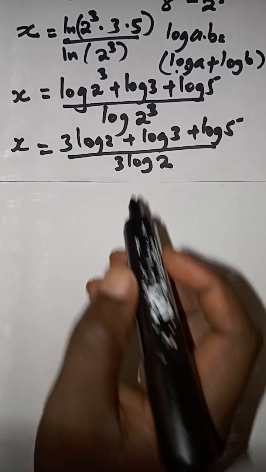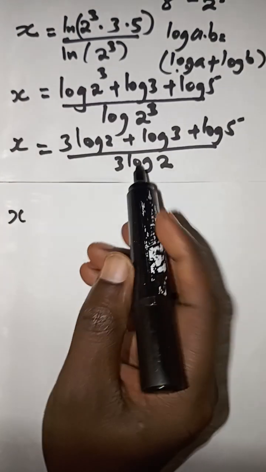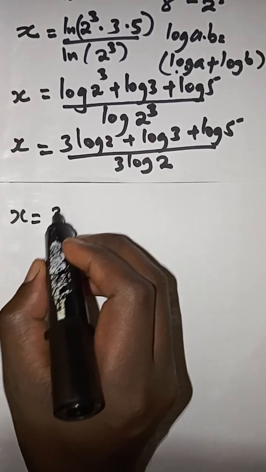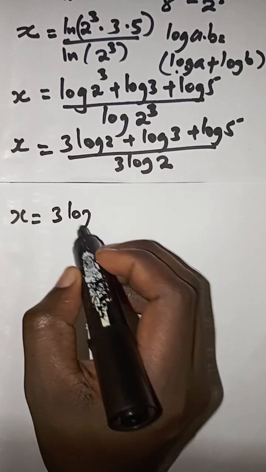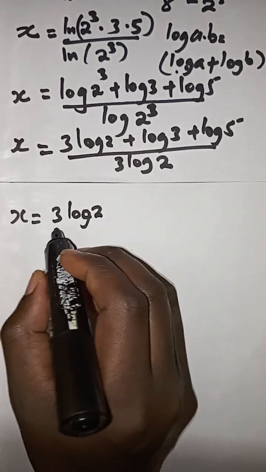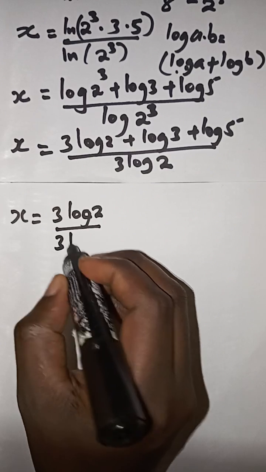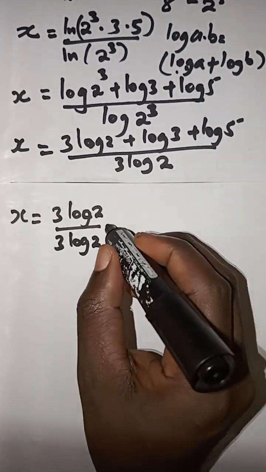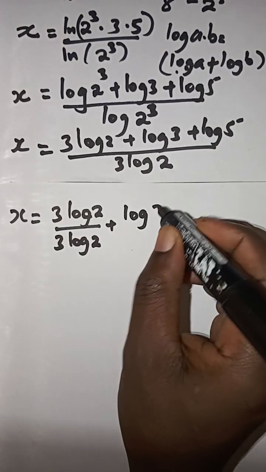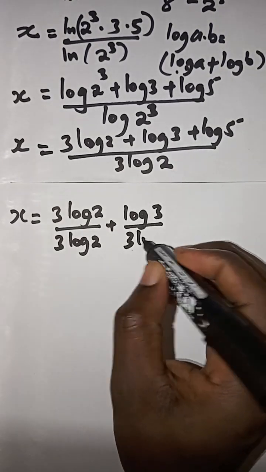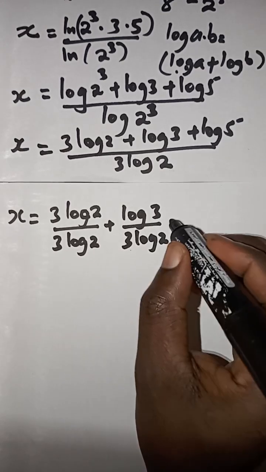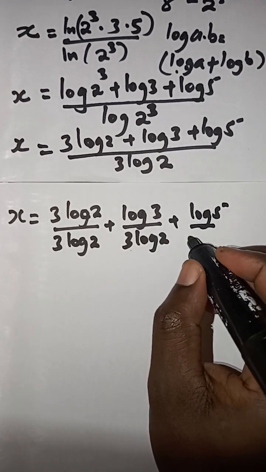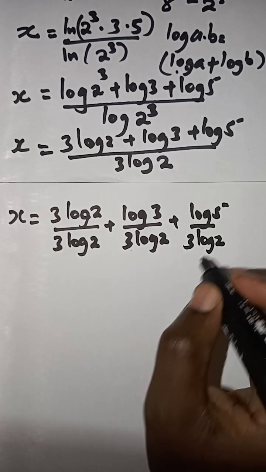So I'm going to write each of them using the common denominator, so that x is equal to 3 log of 2 over 3 log of 2, since the denominator is the same, plus the log of 3 divided by 3 log of 2, plus the log of 5 divided by 3 log of 2.